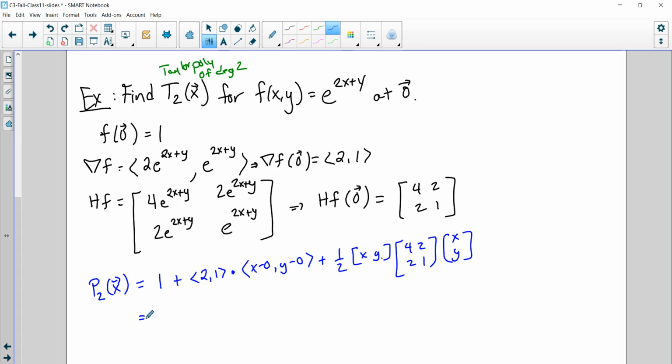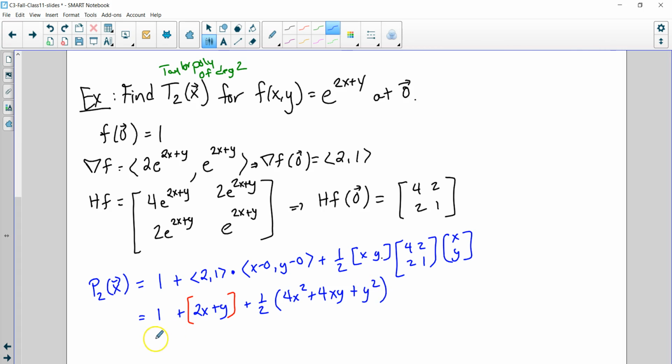And what this is going to end up being, and this is all the further simplified I want your answers, please, is 1 plus 2x plus y. So that part is really that first derivative component. If you want to insert brackets, you can. And then plus 1/2, and then 4x squared plus 4xy plus y squared.